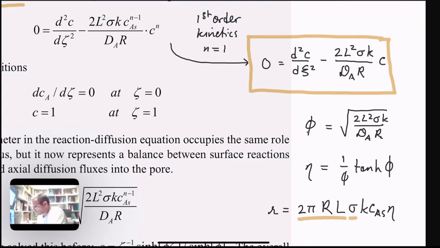So now I've got the number of active sites, and each one is consuming species A at this rate, k times c_A at the surface. And of course, in reality, there's some depletion of the concentration as you move deeper and deeper into the pore, and that's what's accounted for in this effectiveness factor term, which includes everything that we've just gone through and done the derivation for.